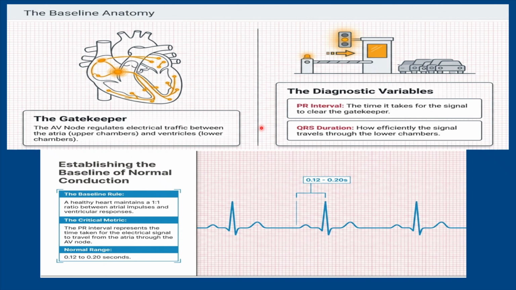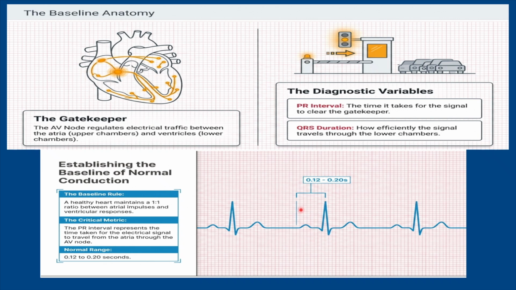To remember the normality before going to the abnormality, we discussed previously that the impulse is generated in the SA node, travels through the atria to the AV node, where there is AV nodal delay of conduction of the impulse to the ventricle. So it acts like a gatekeeper between the atria and ventricle. And you remember that the AV node and bundle of His are the only electrical connection between the atria and ventricles.